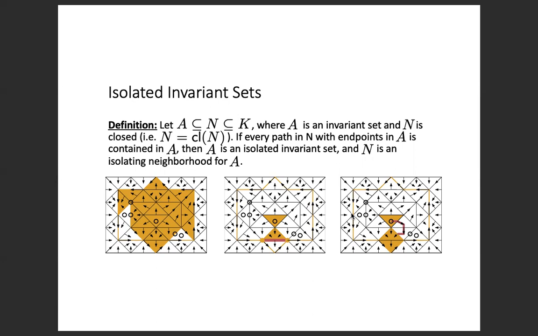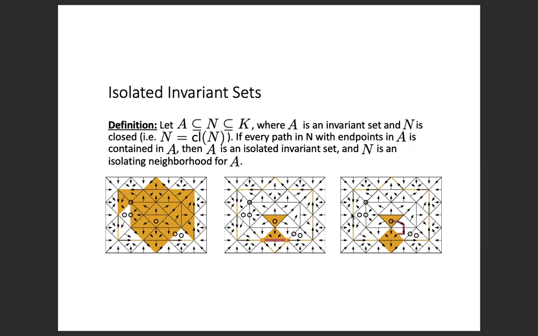So for example, consider this invariant set on the left in yellow, and consider N to be this closed rectangle. It's not possible to start in the yellow, leave the yellow, and re-enter the yellow while remaining in the rectangle. Okay, so because of that, this yellow invariant set is an isolated invariant set, and it's isolated by this rectangle.